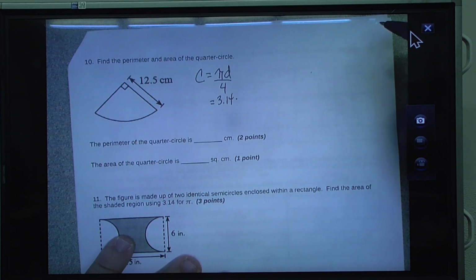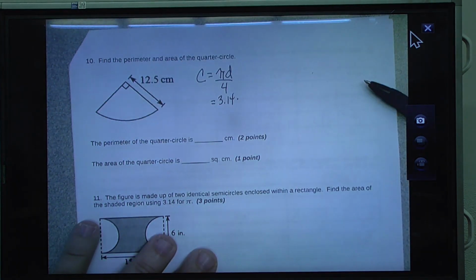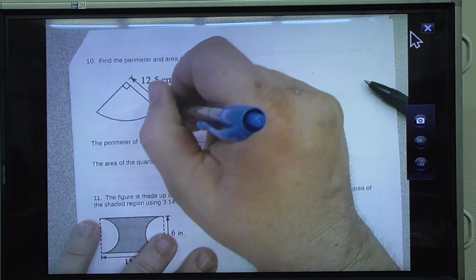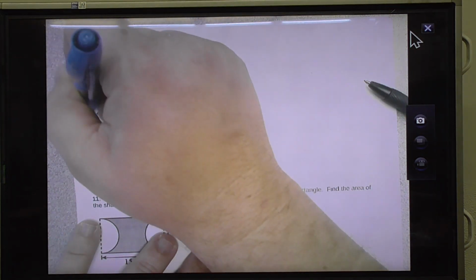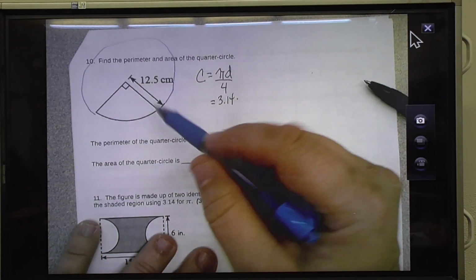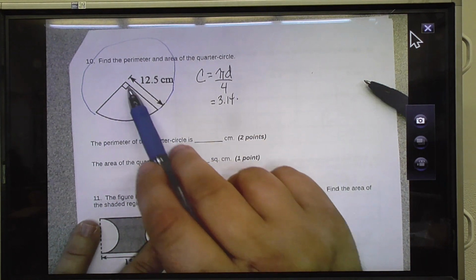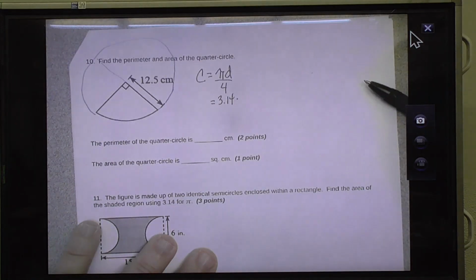12 points. You know what? They don't have a diameter. Because what you gotta realize, and people mess this up, is that this circle got a lot more to it. So people see a quarter circle, they're like, oh, that's the diameter right there. But it's actually not. That's the radius. So to get the diameter, we need to double that 12.5.